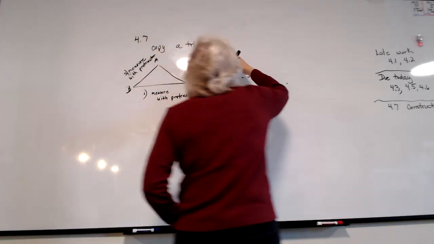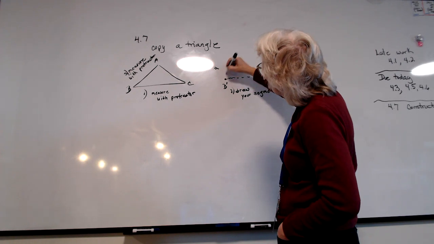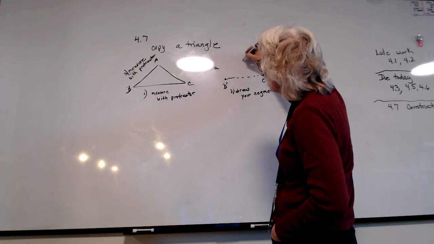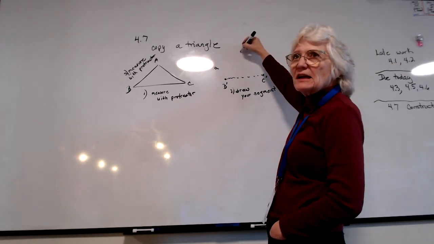And you're going to go out here from this, so 4, you're going to copy that, but we have to put an arc of where that can land, because we don't know exactly where it's going to land yet.